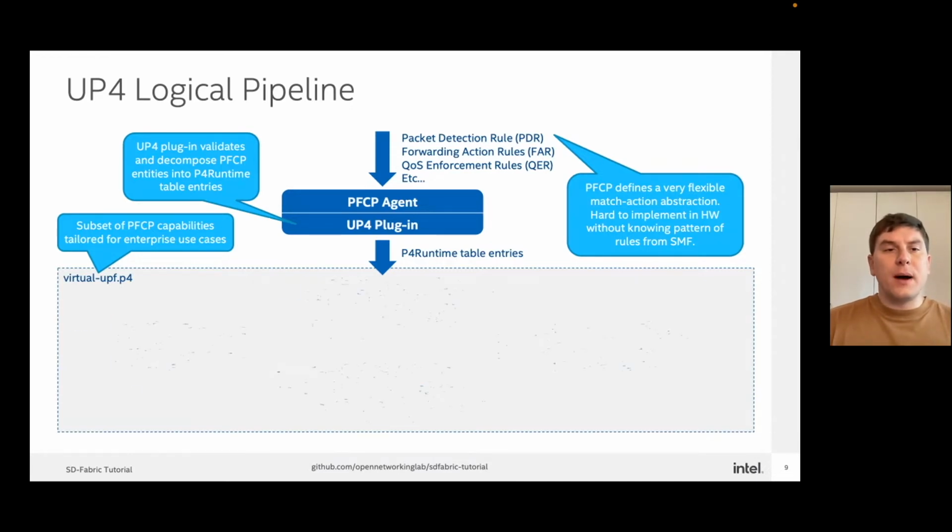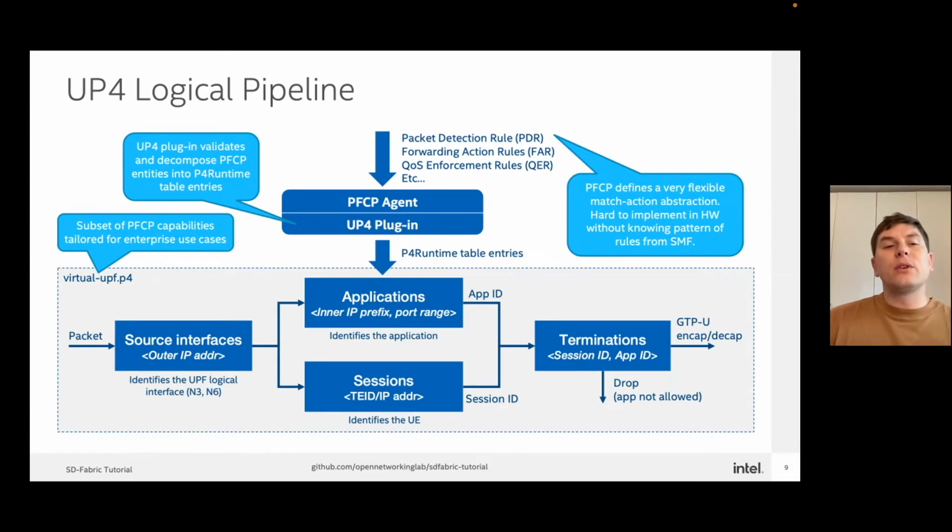So let's take a look at the pipeline. There are mainly four tables here. The first identifies the UPF logical interface and the traffic direction, so whether it's uplink or downlink. The sessions table is used to identify the UE by looking at the GTP tunnel identifier, the TEID, or the UE IP address in the case of downlink traffic. The applications table instead implements wildcard match on the inner headers, specifically the inner IP prefix and port range, and that's used to identify the application.